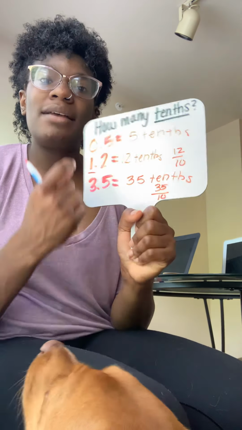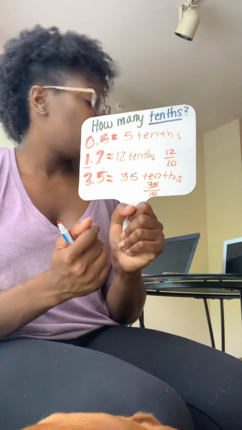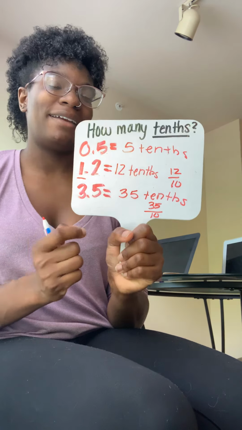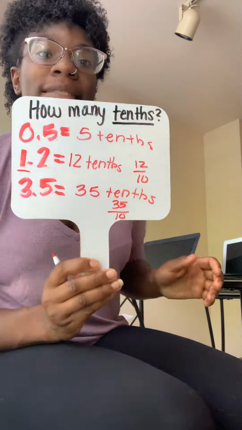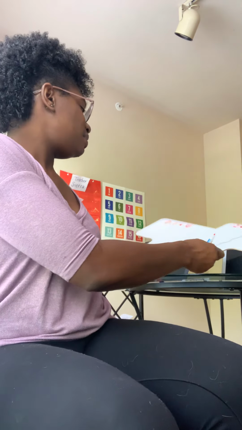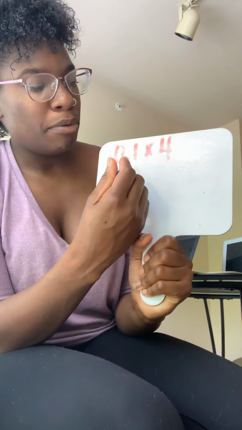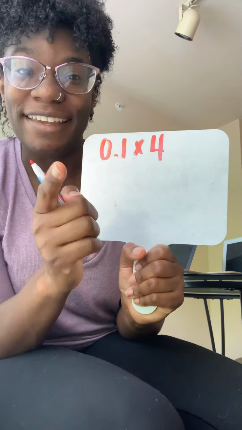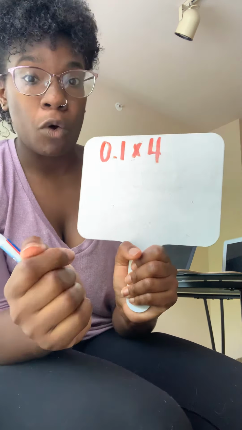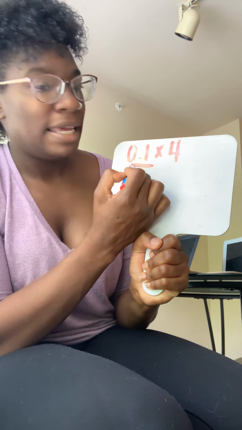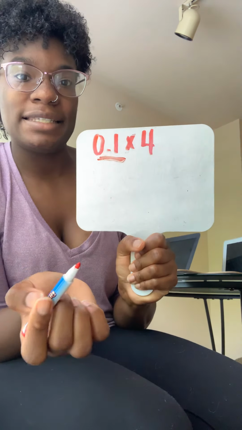So this is the process that we're going to be using in order to change our decimals into fractions when we are multiplying. So we're going to go ahead and do an example. Our first example, we've got 0.1 or 1/10 times 4. All right, so the first thing we've got to do is change this decimal into a fraction.